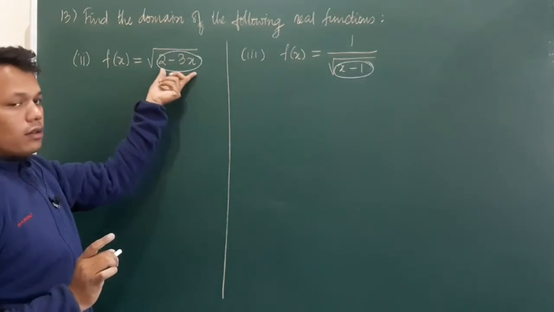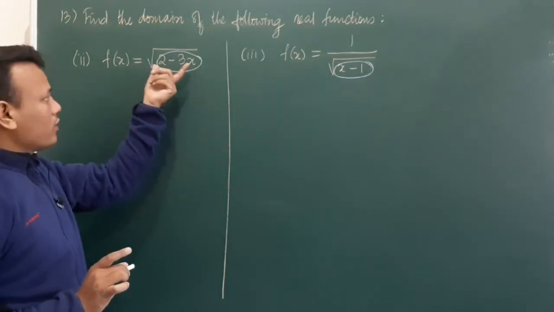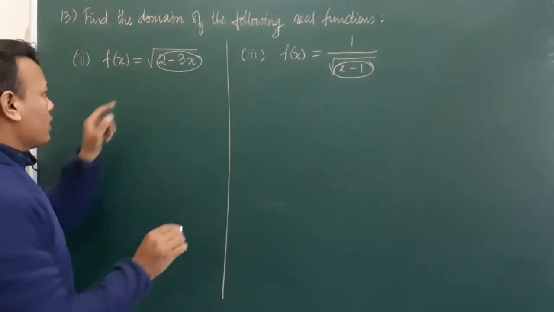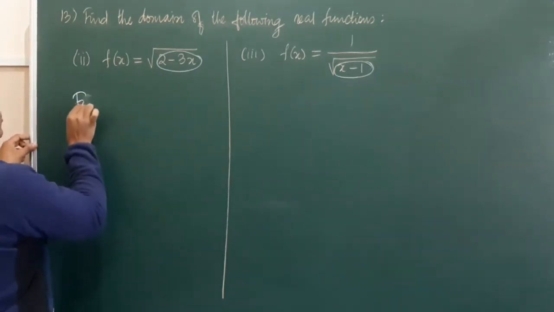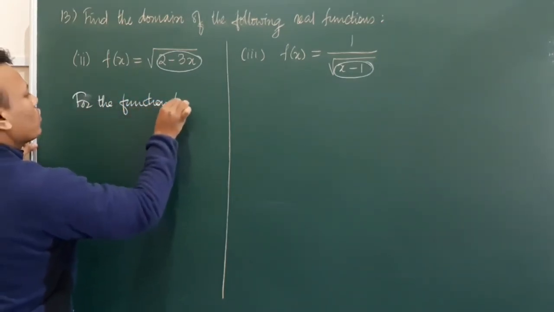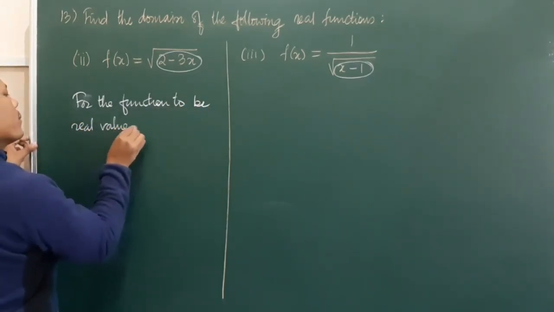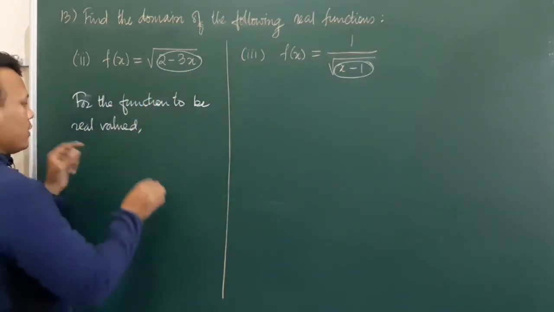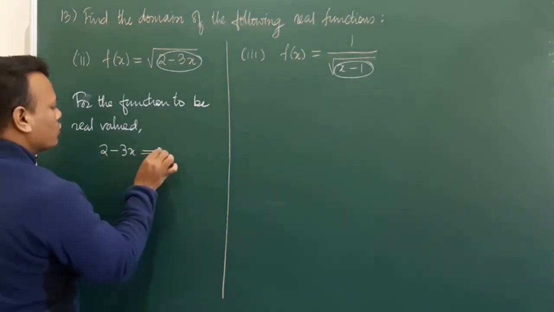Can it be 0? Yes, it can be 0. So for the function to be real valued, 2 minus 3x can be equal to 0.